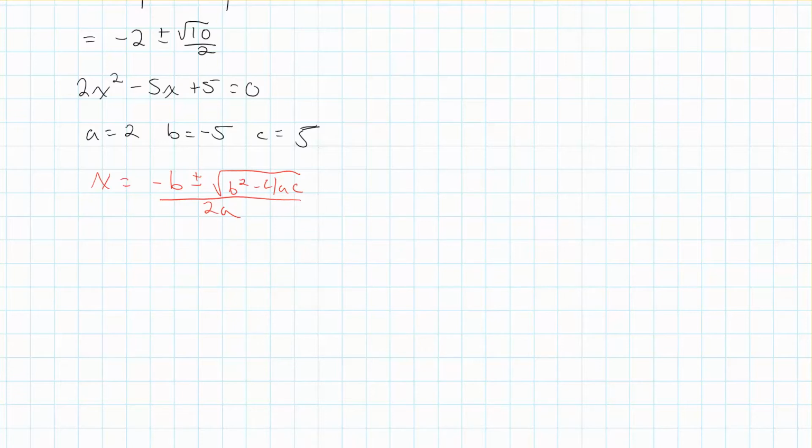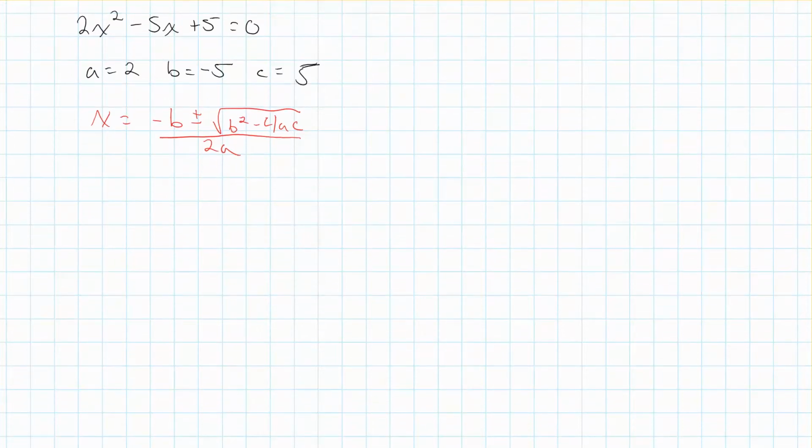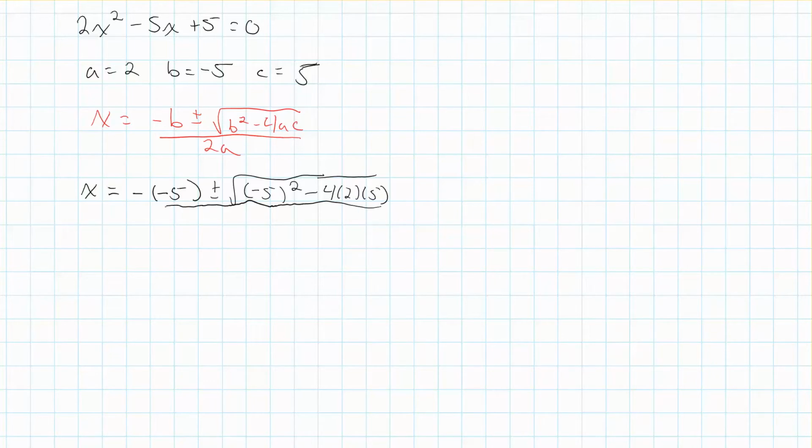Alright, now again, just like we did in the previous example, it's just plugging numbers in and seeing what we get. So we have x is equal to negative 5, negative 5 plus or minus the square root of negative 5 squared minus 4 times 2 times 5, all over 2 times 2.